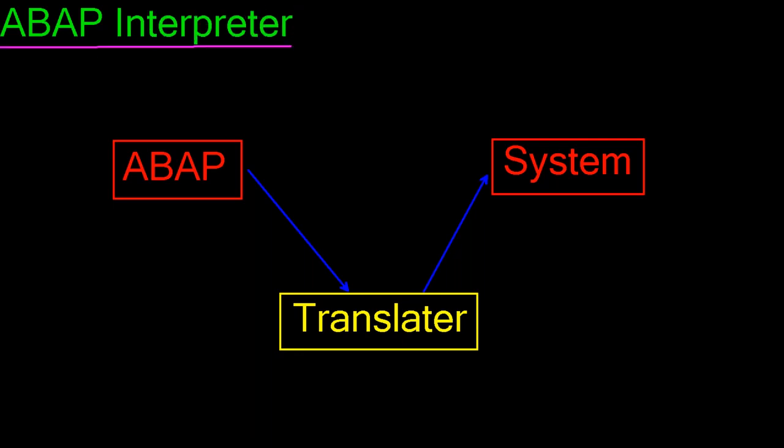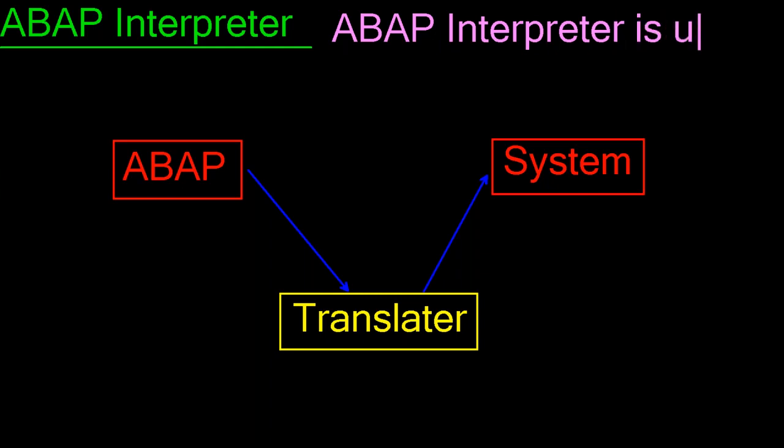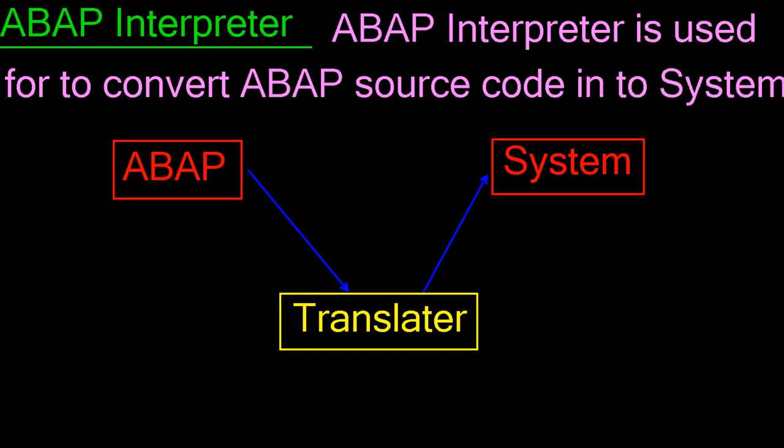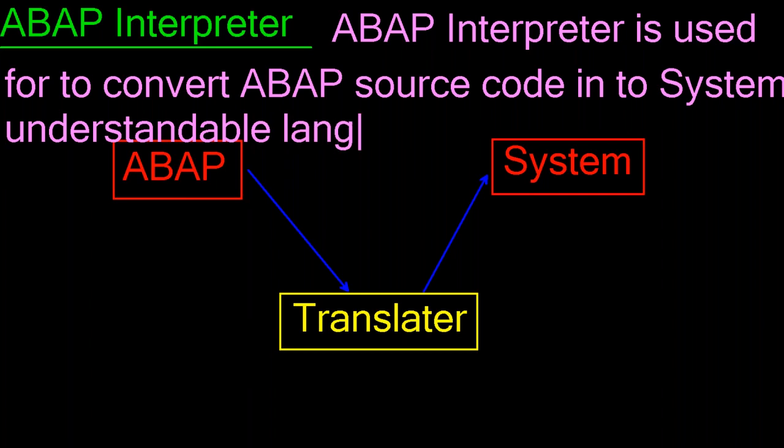The ABAP interpreter is used to convert ABAP source code into system-understandable language.